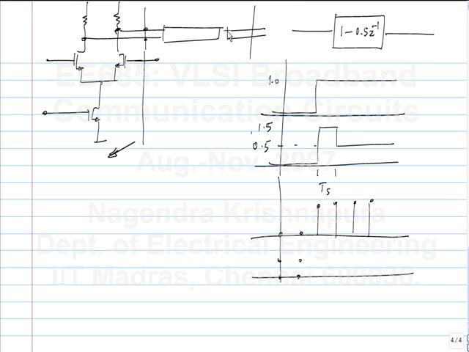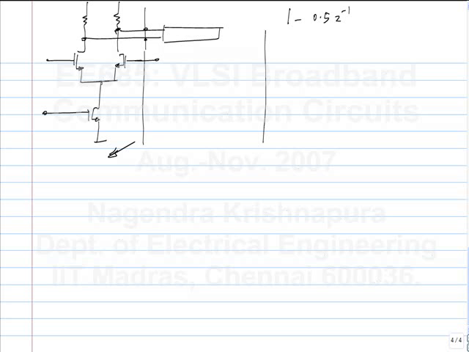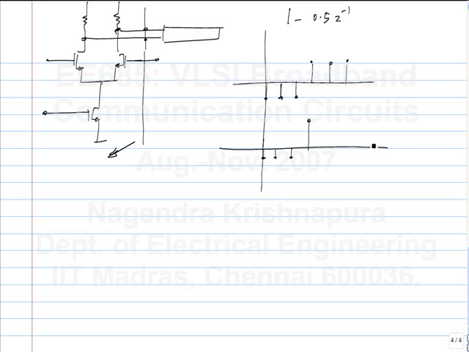Let me scratch out all of this. 1 minus 0.5 Z inverse, and then I have negative samples, and then it becomes positive. So if there was a long sequence of -1s, it would have settled to minus 0.5, and here it becomes plus 1.5, and after that it becomes half. And if you look at the waveform out of the transmitter, it will look something similar. So this is what you get out of the equalizer.